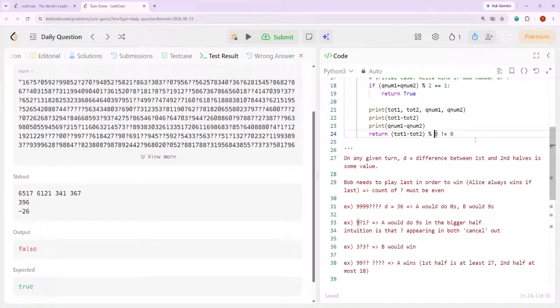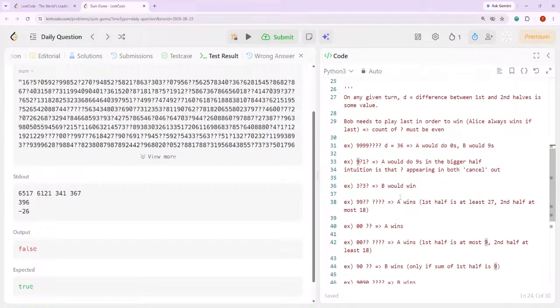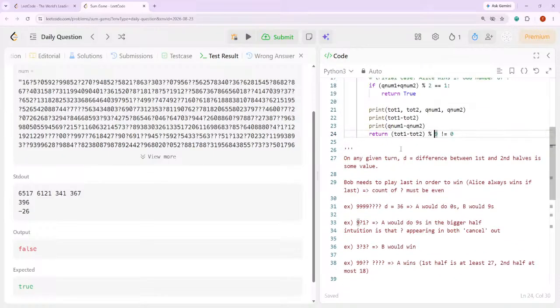Yeah, my logic is not thinking about this correctly.